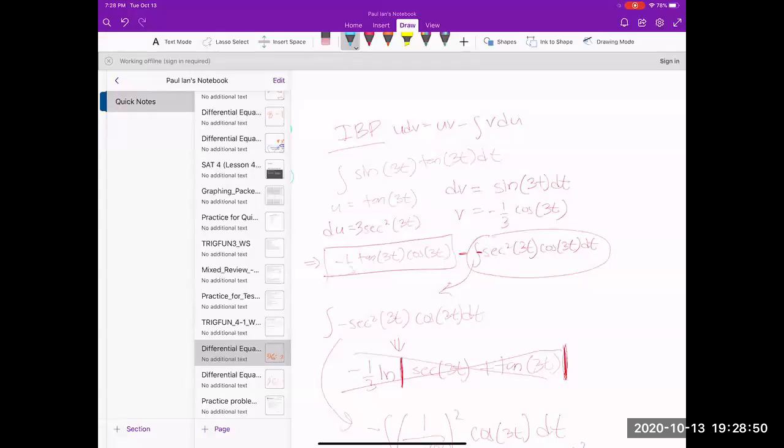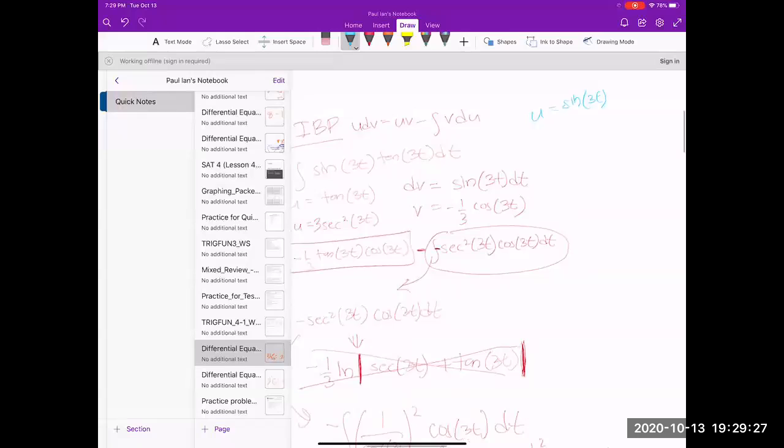So we have sine of 3t, tan of 3t. I think it's good to review the IBP and then the u-sub. So we would take u as sine 3t and dv as tan of 3t. Does it really matter which you choose as your u?